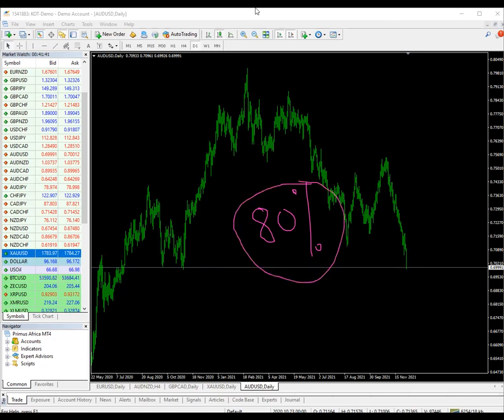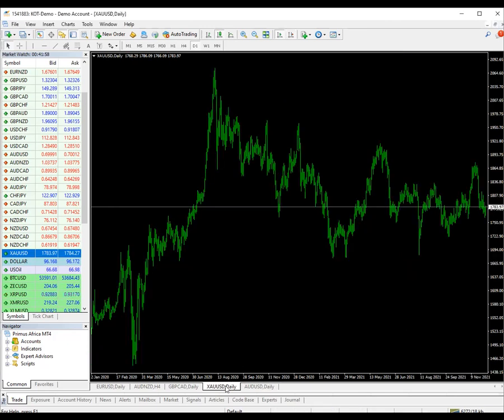So you see the charts being different, although it is a downtrend, but the chart is not looking exactly like gold. If you look at AUD here, you see the chart of AUD compared to the chart of gold. They are all making a downtrend. The trend is a down one, but the charts are not the same. They don't look the same, although they are all in a downtrend.